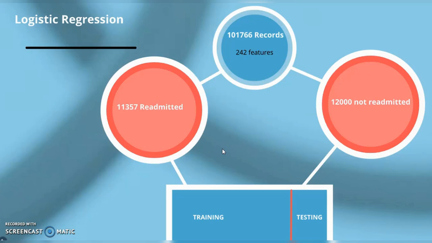So this dataset is highly biased because the majority were negative. To balance the positive and negative data, we randomly selected 12,000 records that are not readmitted, combined with the readmitted data. Then we split the new dataset into the training data and testing data.